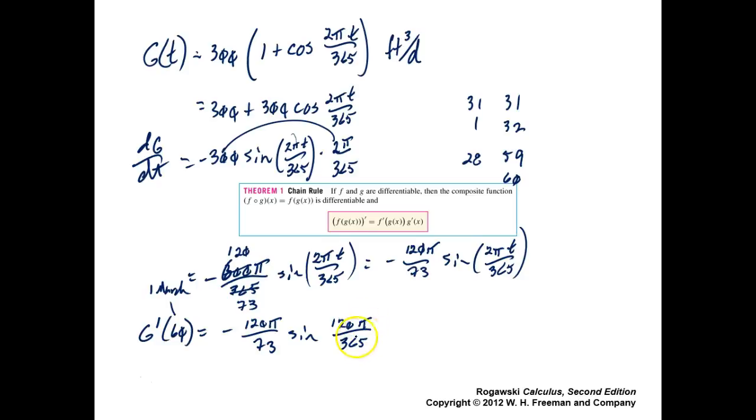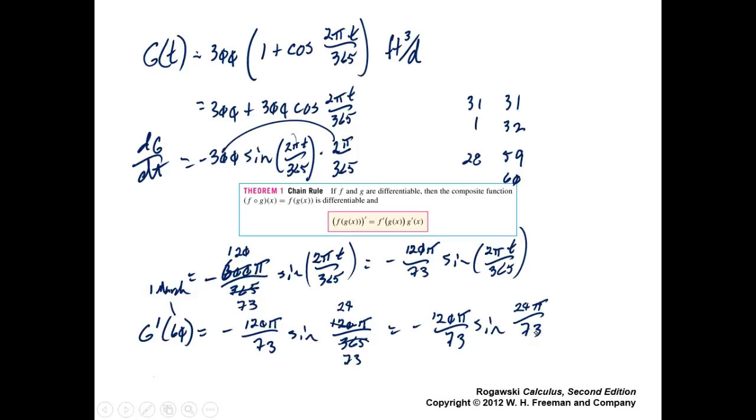Now again, we can reduce a little bit. 5 will go into this 24 times, and 5 will go in that again 73 times. So that will be negative 120 pi over 73 times the sine of 24 pi over 73.